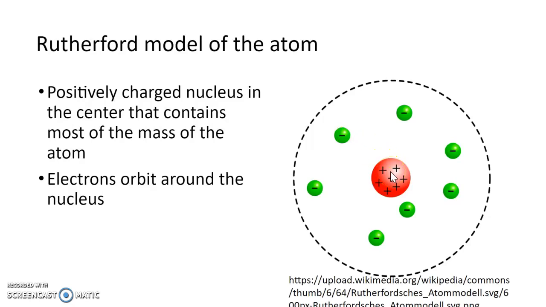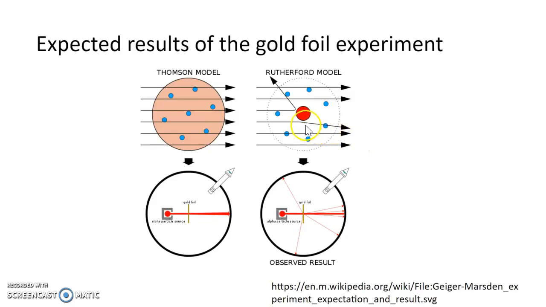And this ends up explaining those experiments, because if we think about what happened here, well, if it's an alpha particle that's coming near to the nucleus, remember, those alpha particles are positively charged. The nucleus is also positively charged. So there's going to be some repelling action between the nucleus and the alpha particle.